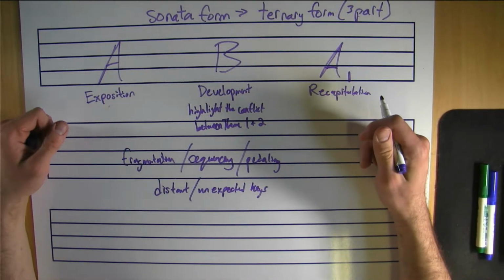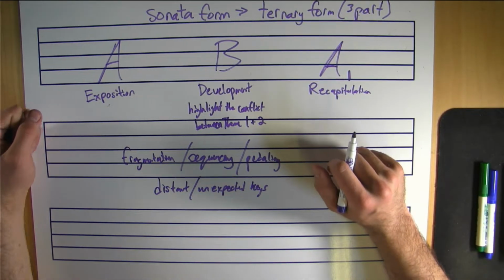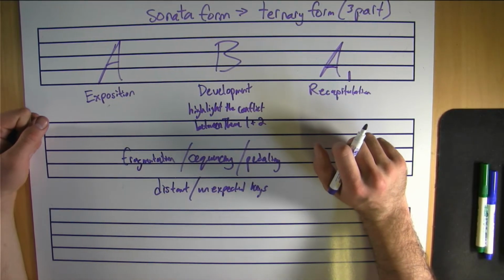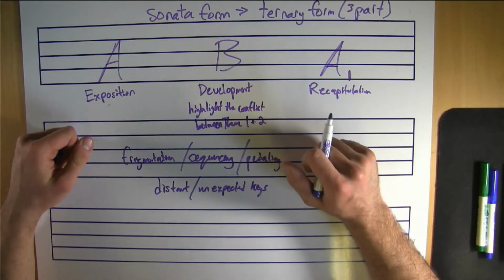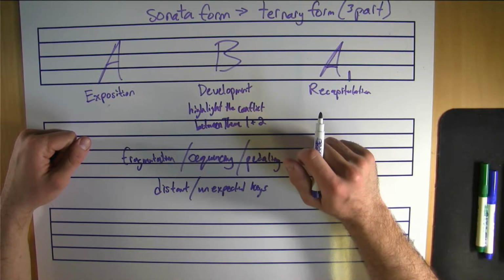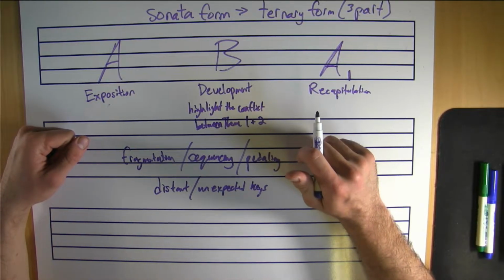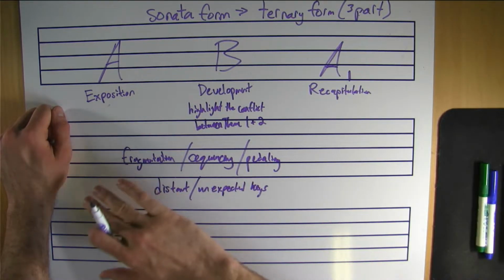One of the most common places to go in a development, especially in the classical sonata forms, would be to the subdominant, to the 4. But there's examples of developments exploring really distant key areas, and it just depends on the music, right? But these are the things that you would expect.